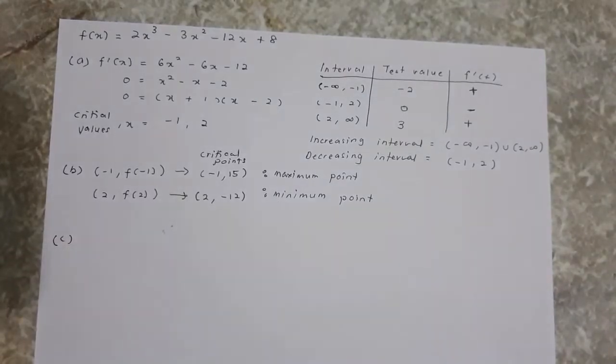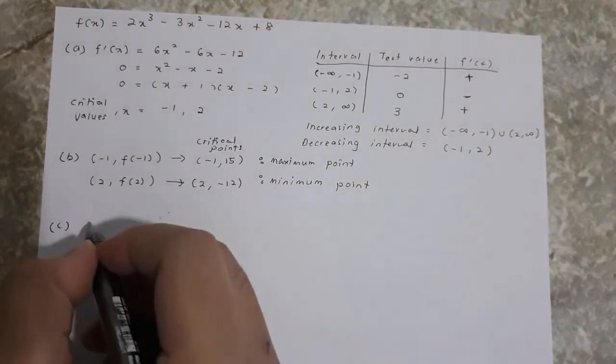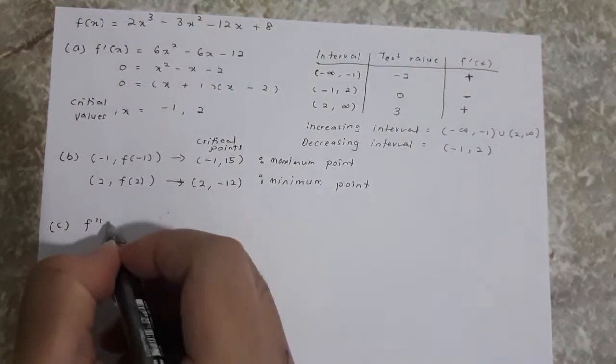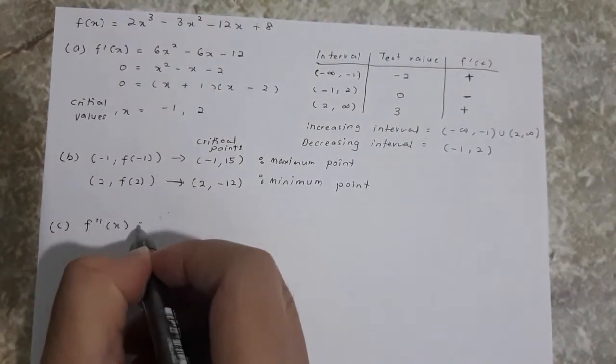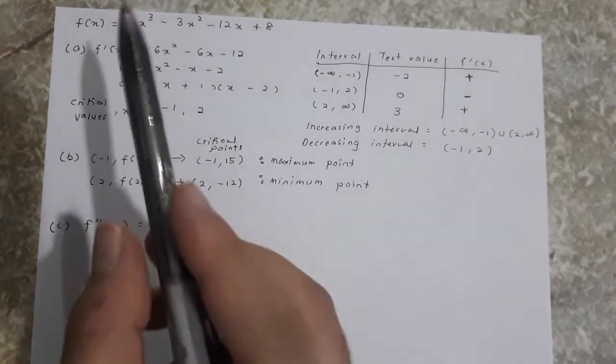C. We want to find the interval where f(x) is concave up or concave down. For concavity, we will have to use the second derivative. So differentiate once again from the first derivative.